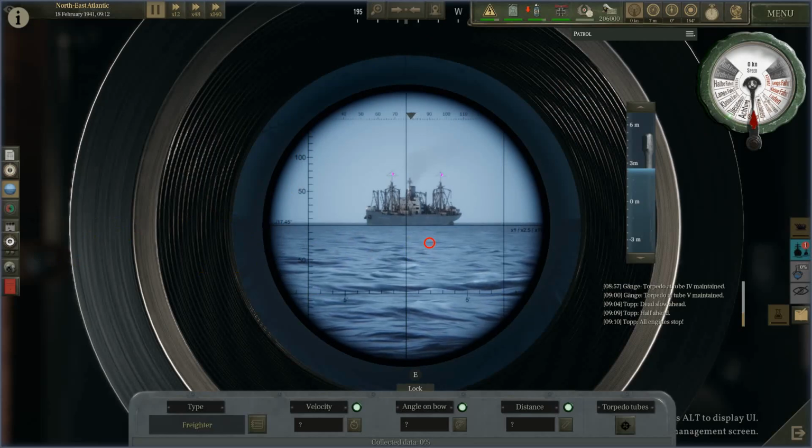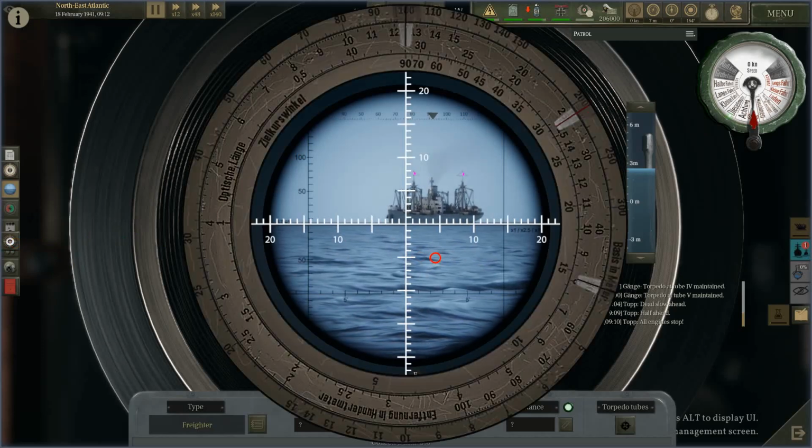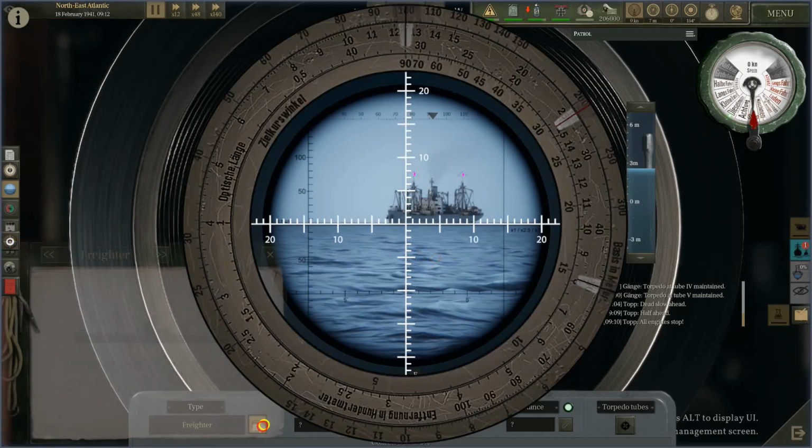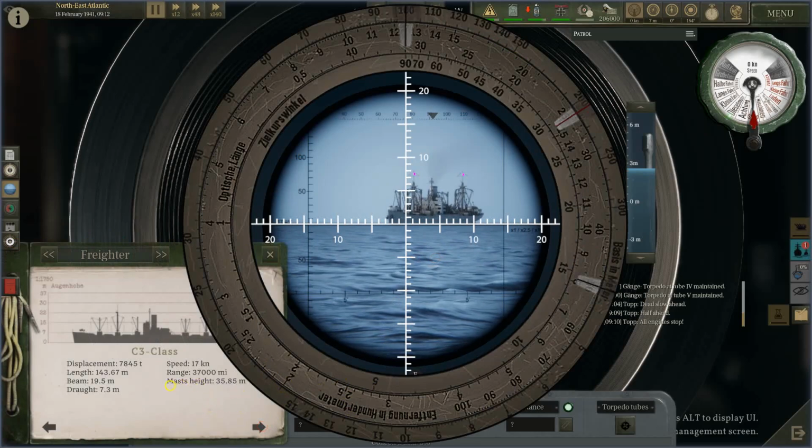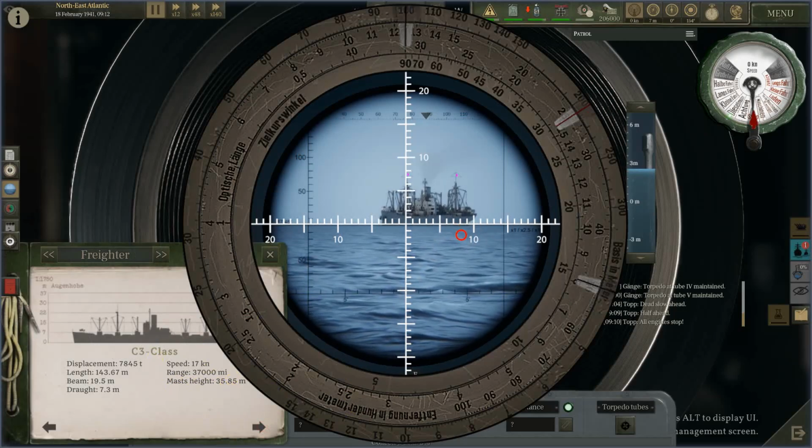So how do you find the distance? Well, you switch on the overlay, and by identifying the ship, you will get a good idea of the mast's height, which is 36 meters with a C3 class I'm observing here. I align the vertical crosshair with the closer masts of the ship, and I calculate the visible length: 5, 6, 7, 8.